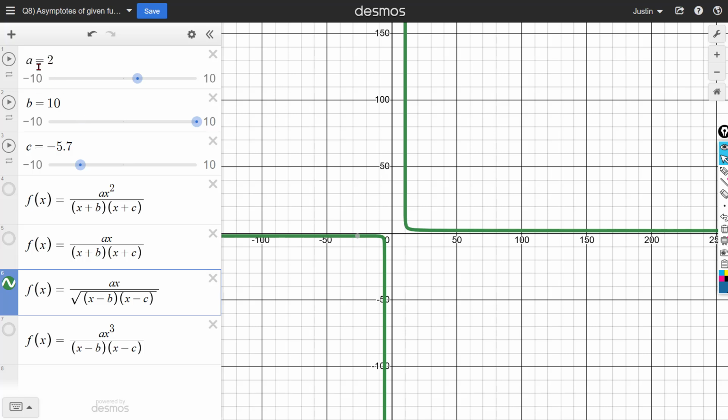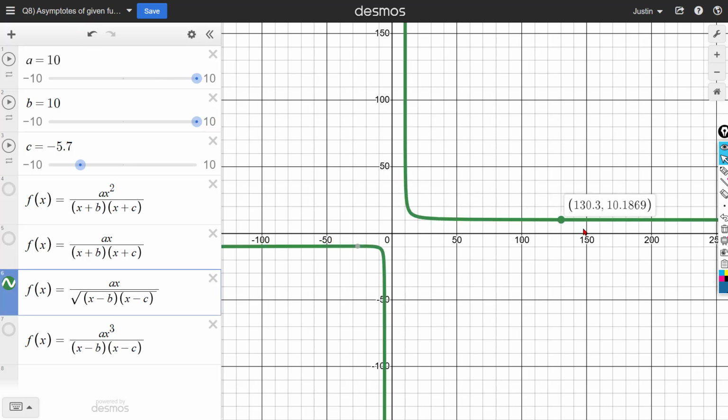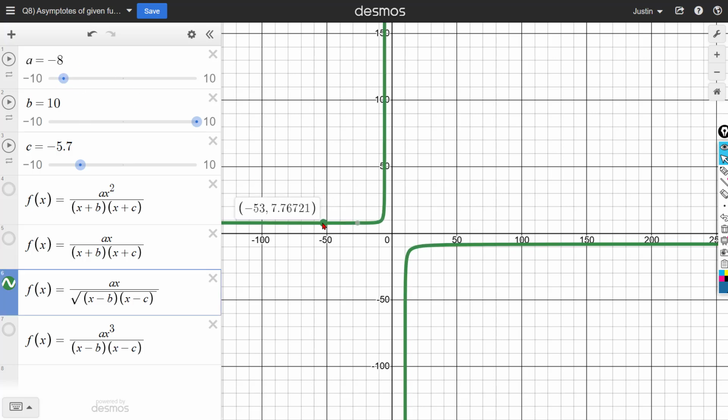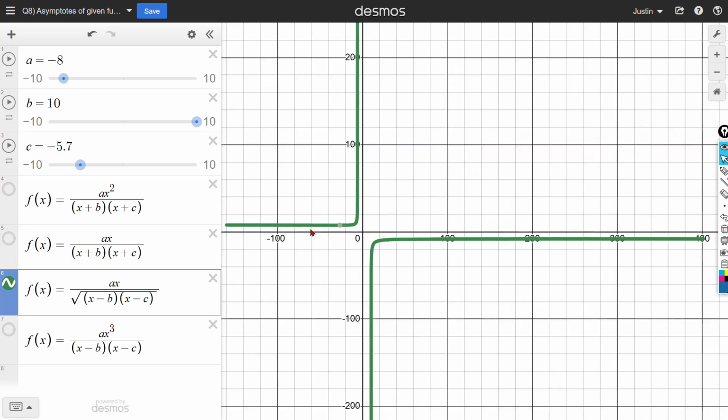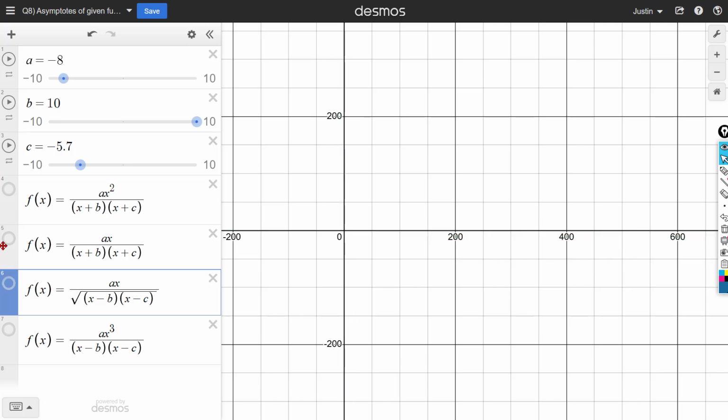But what about this A value? If you have, say, an A value of 10, let me take 10. You will have not only plus 10, you will also have minus 10. So this is the difference. Now what if you have negative values? Say you have negative 10, negative 8. Then you will have the same thing: one is plus 8, one is minus 8. And what if there is no square root?